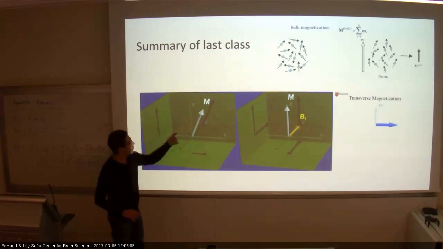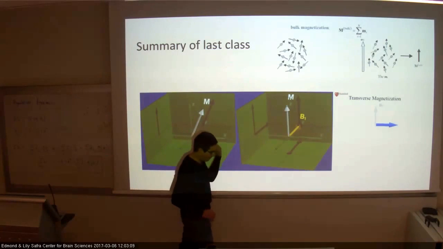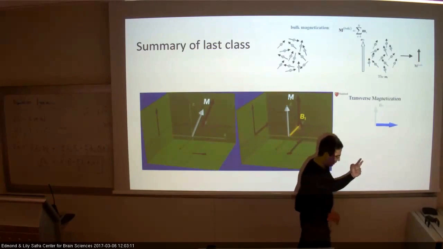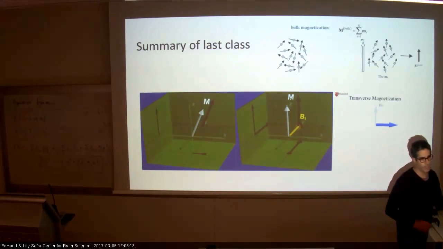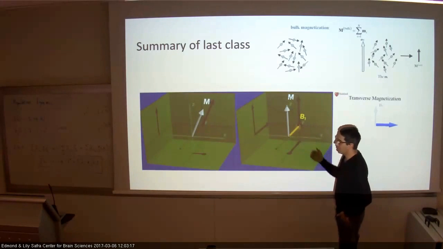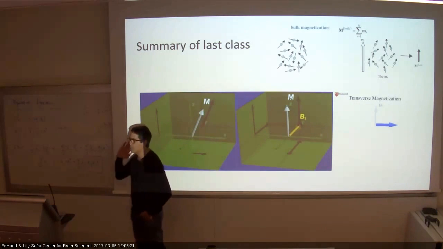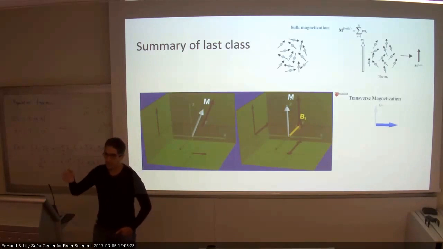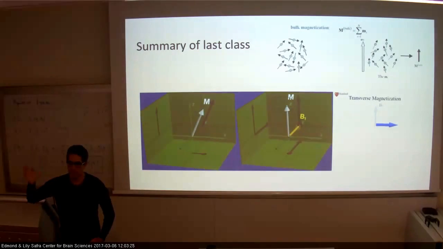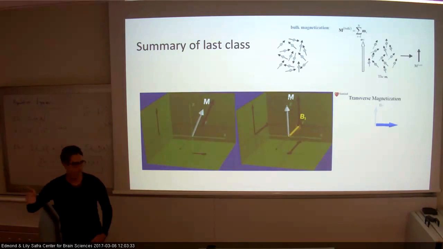That was showing us how this vector is moving and precessing around the magnetic field. We showed that we can add excitation that will change the orientation of this vector, right? That was the B1. So we could play with this vector and create a transverse effect toward the XY direction.